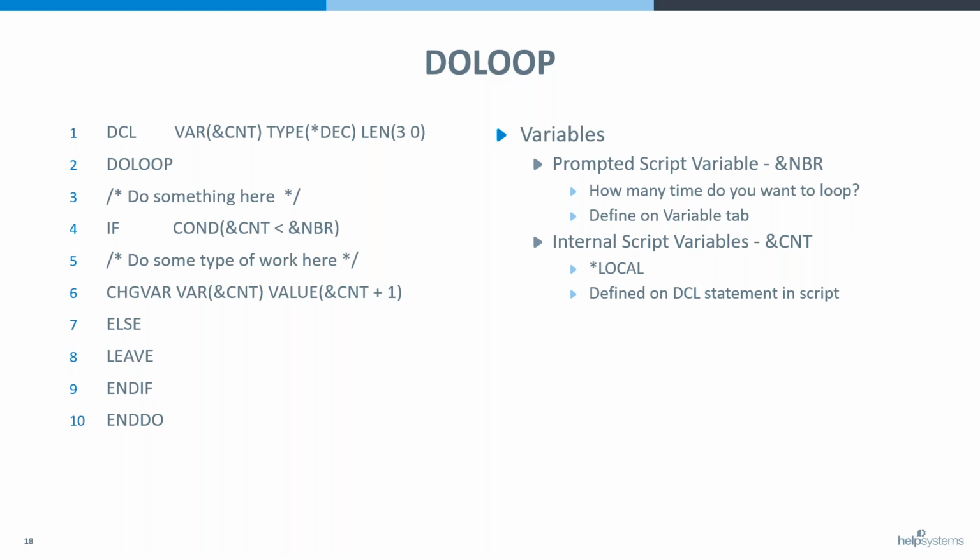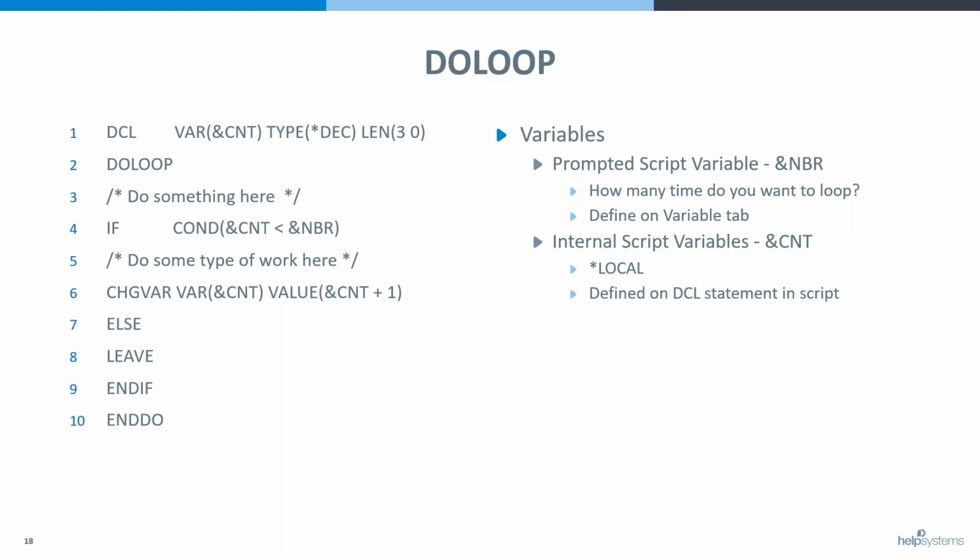What makes this example so interesting is that we have 2 different types of variables. We have the kind of variable you're all probably familiar with, a prompted script variable, and that's our &NBR. And that's the variable that you define on the variable tab of the script. And this for us is going to define how many times we want to loop. We could have hard-coded that, but we're going to ask the user at runtime.